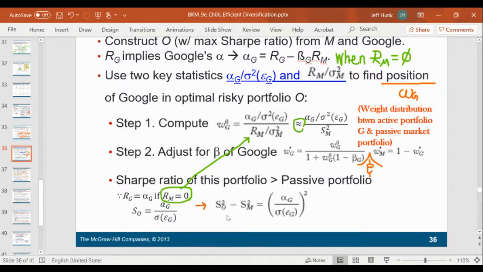Therefore, the Sharpe ratio squared of the optimal risky portfolio minus the Sharpe ratio of the passive portfolio is simply the Sharpe ratio squared of Google.